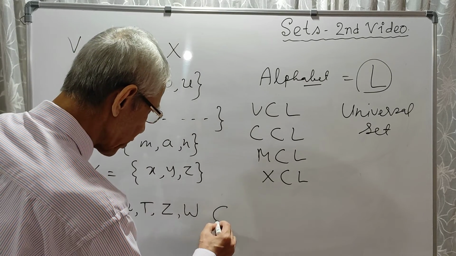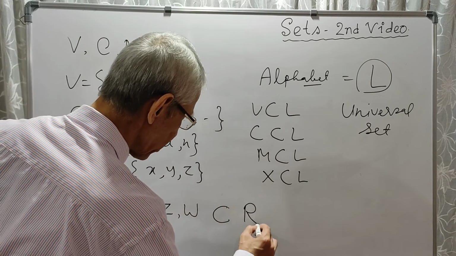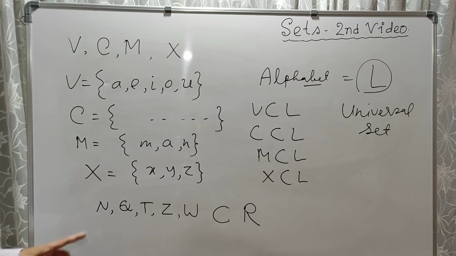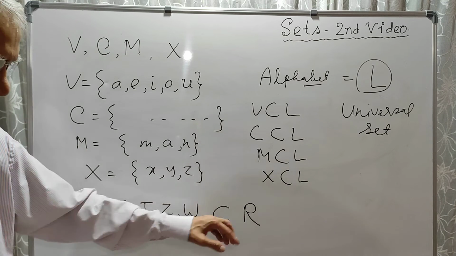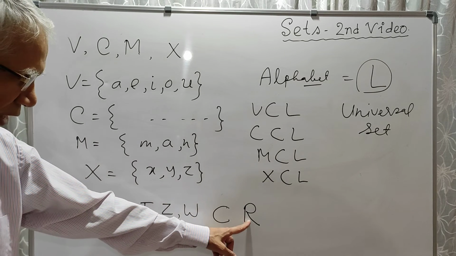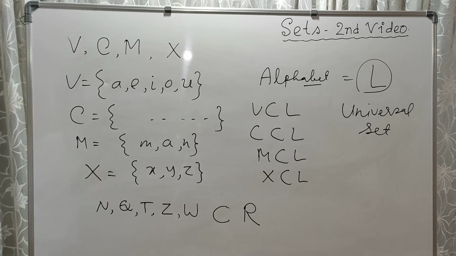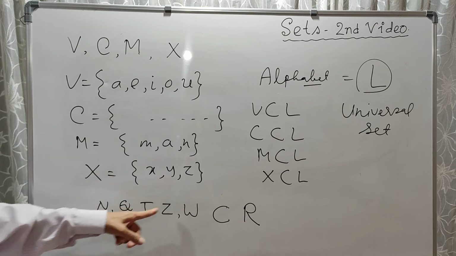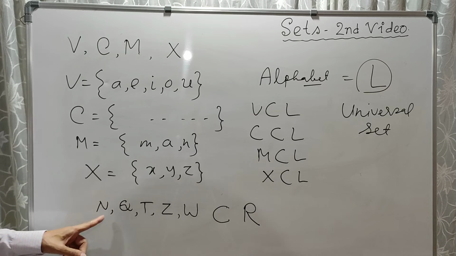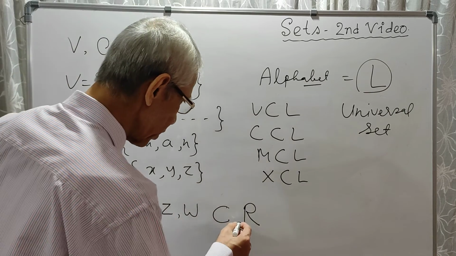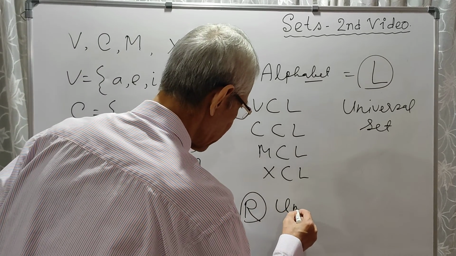Each of them is a proper subset of what? The set of real numbers. That means the set of real numbers is a proper superset of these. Therefore, this R will be called what? Universal set.